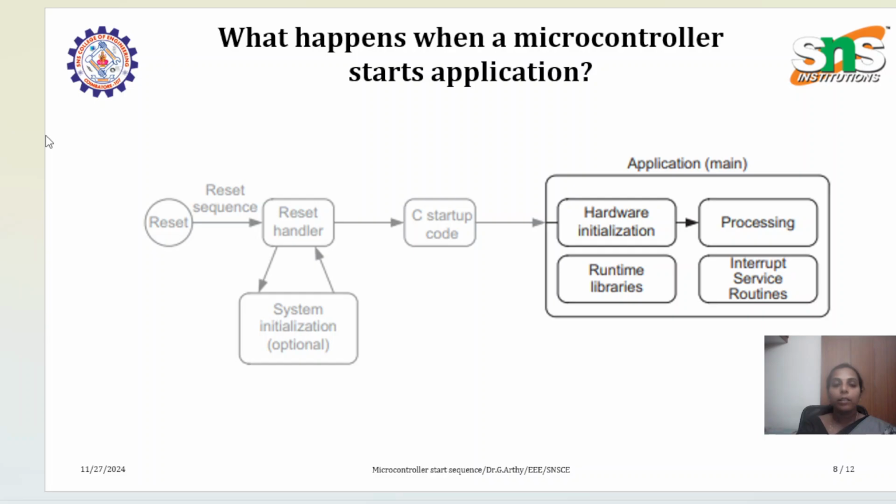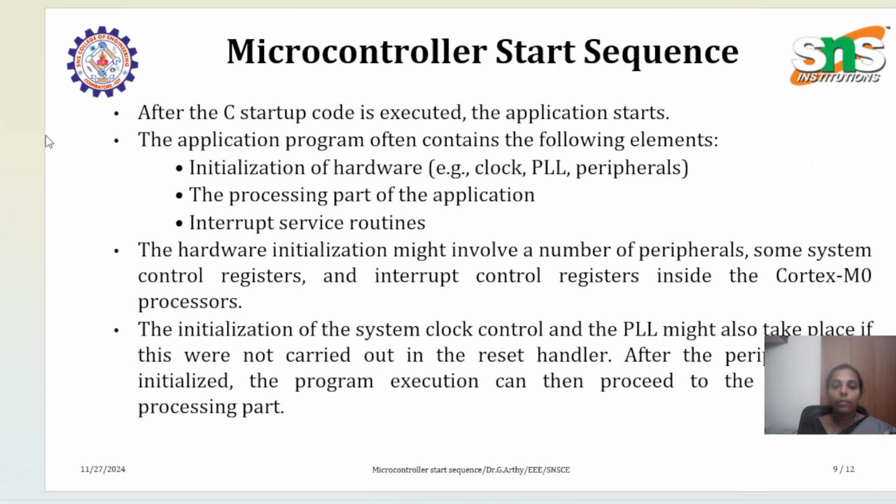And in the final stage, we have the application task. And what happens when a microcontroller starts the application? After the C startup code is executed, the application starts. The application program often contains the following elements: initialization of hardware, the processing part of the application, and the interrupt service routines.